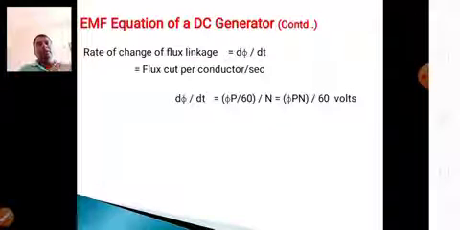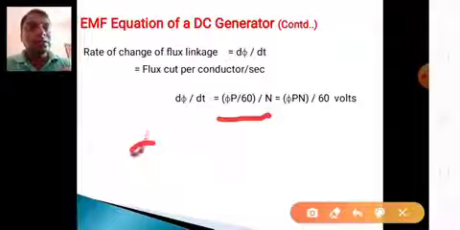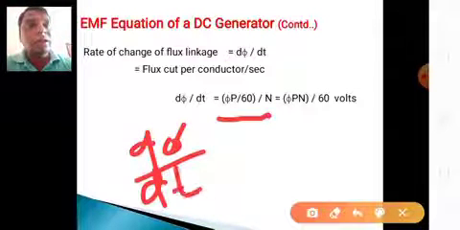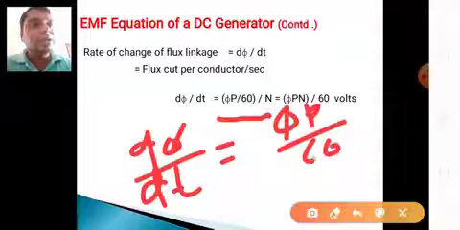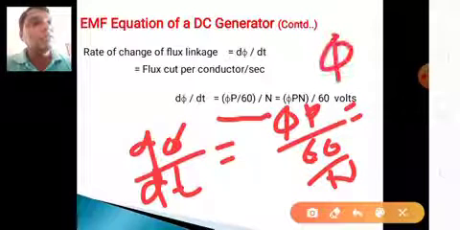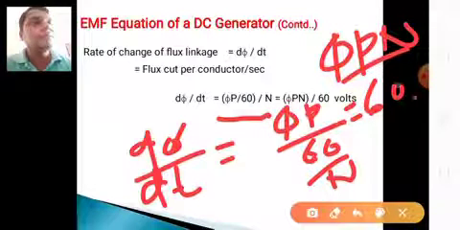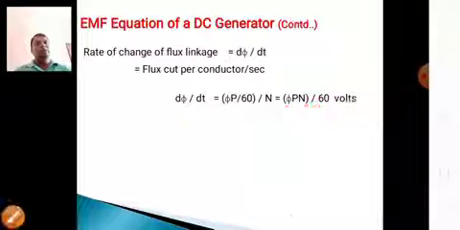Here d phi is phi P and dt is 60 by N, so the total formula is phi P N by 60.